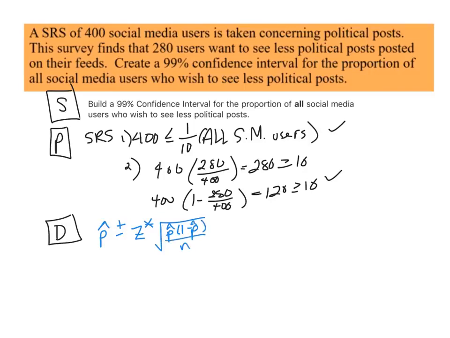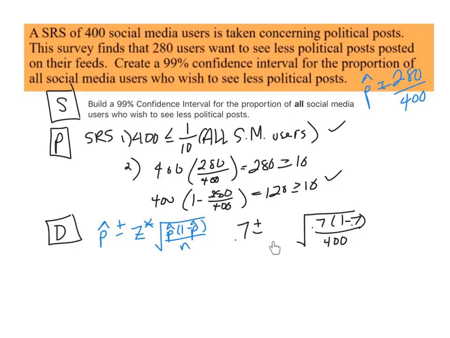Our p hat, 280 over 400, is 0.7. So we'd have 0.7 plus or minus, I'm going to leave a little space for my Z star, and I'm just going to write 0.7, 1 minus 0.7, over 400. Now again, you could figure out Z star using the normal curve. You could say, well, I have to cut off 0.5% on either end. I could use inverse norm to do that.